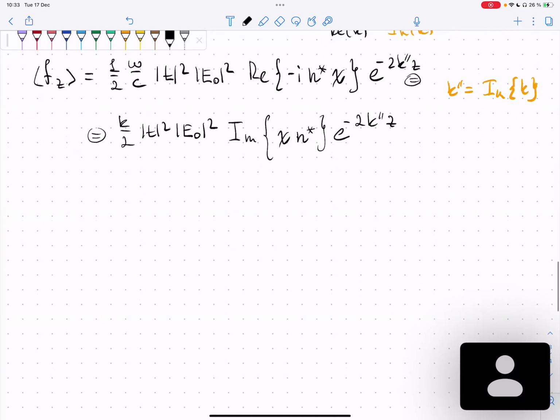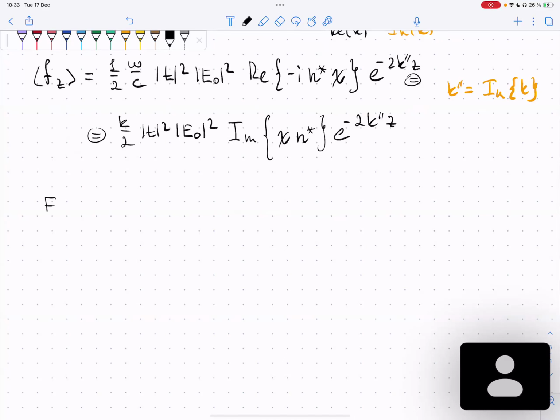Okay. So we have the density of our electromagnetic force inside the medium. To find the total force, we need to integrate over the volume of the cylinder.